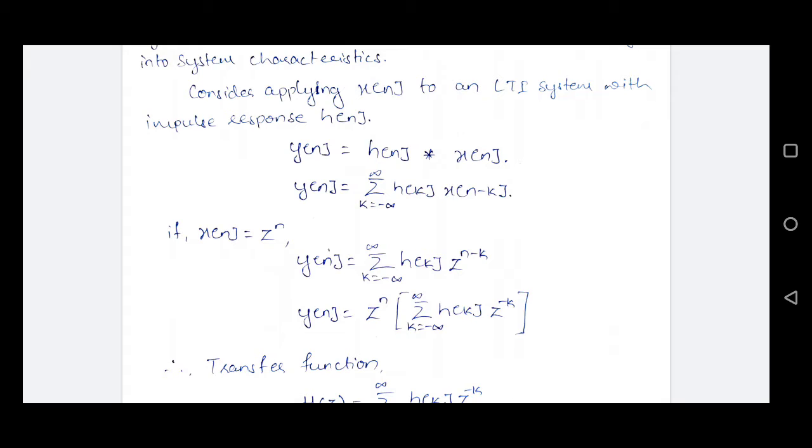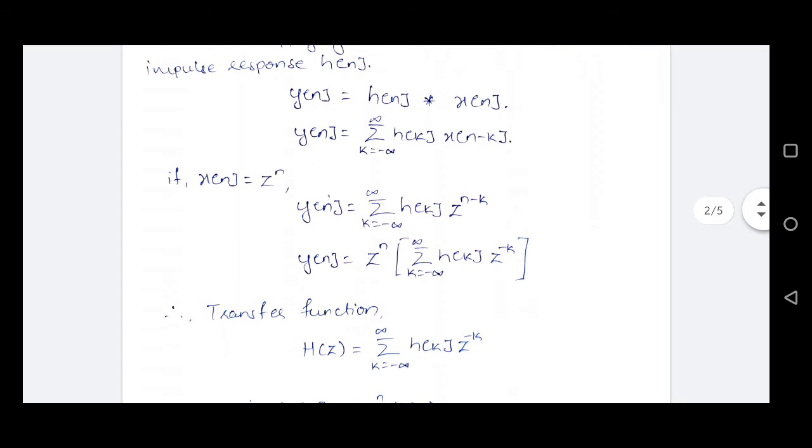So, we'll consider input signal to be an exponential of the form z to the power n. We defined z as r e to the power j omega for Z transform. So if we use z as r e to the power j omega, this will be an exponential signal itself as an input. So for this input signal, convolution summation can be written as y of n equals summation k from minus infinity to plus infinity h of k z to the power n minus k.